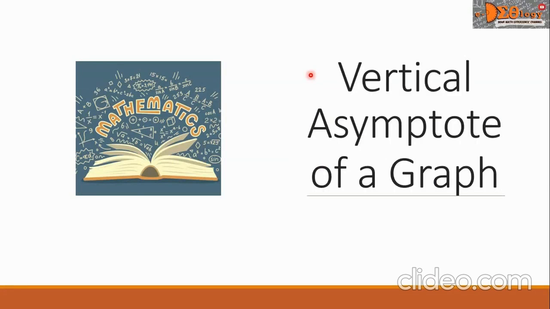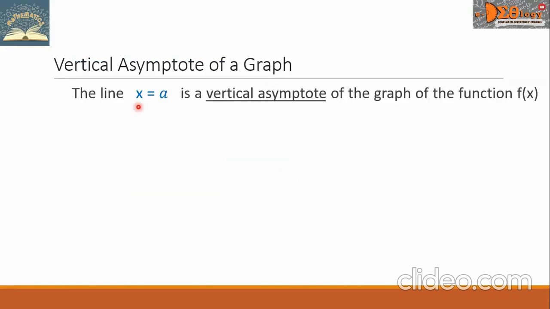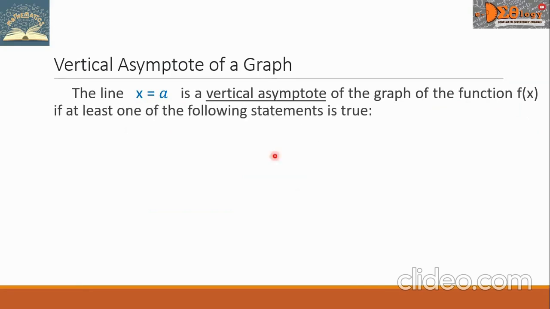Today, we're going to study vertical asymptote of a graph. The line x equals a is a vertical asymptote of the graph of the function f of x if at least one of the following statements is true.